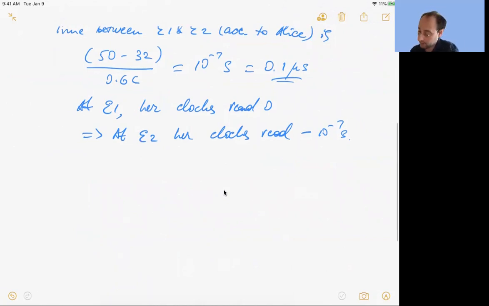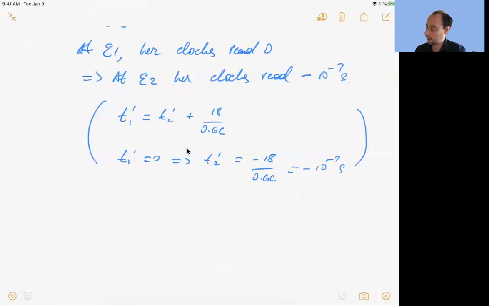If you want to be fastidious, you could say T1 prime equals T2 prime plus 18, which is 50 minus 32 divided by 0.6 c. Since T1 prime equals 0, therefore T2 prime equals minus 18 over 0.6 c equals minus 10 to the minus 7 seconds. But really, you don't need this.